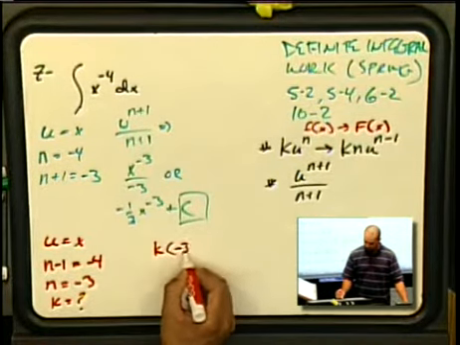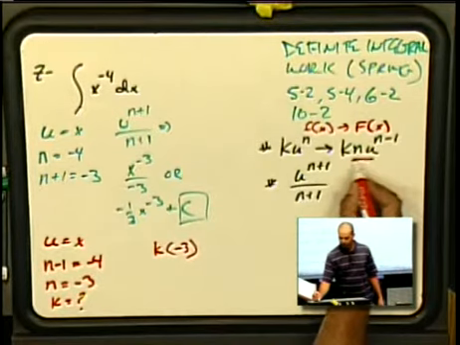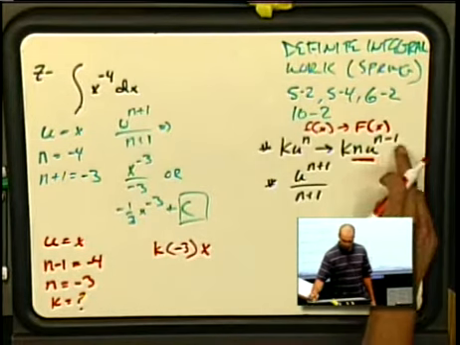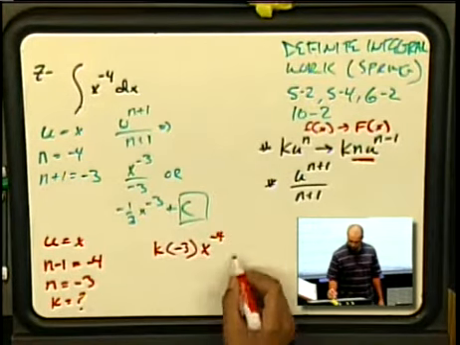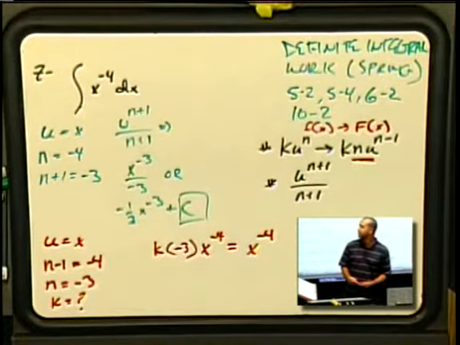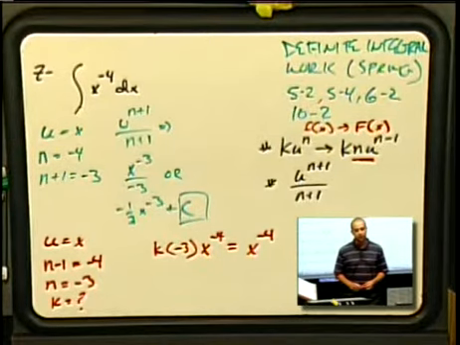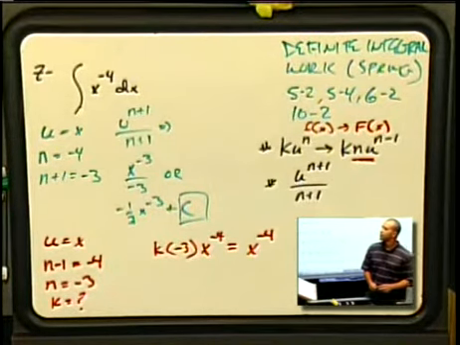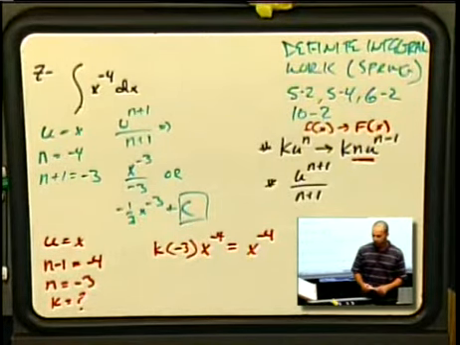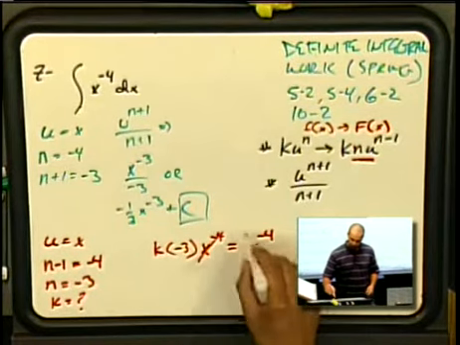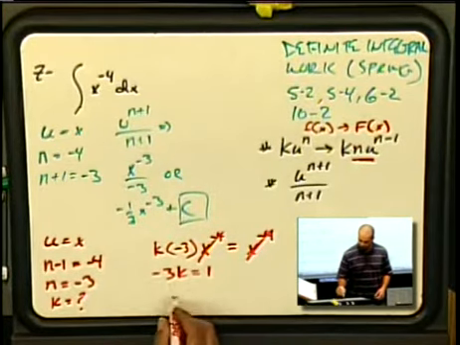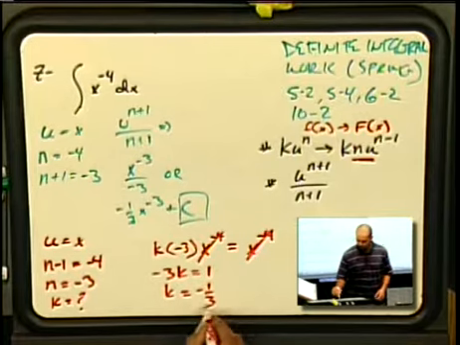n equals -3. We're looking at this one. k, -3 is n, u is x, n minus 1 is -4, equals the original function, x to the -4. It equals -1/3. The x to the -4 cancels out. You're left with -3 k equals 1, so k equals -1/3.